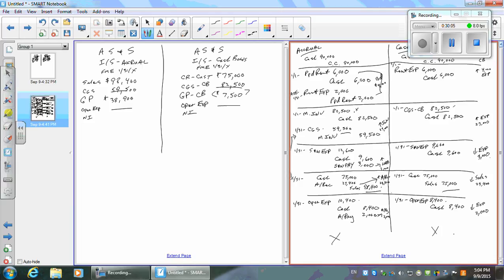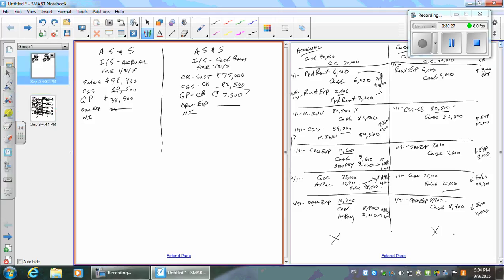What are the expenses under accrual? Rent is $2,000, right? What else we got? Salary and wages at 12.6, what are we, 14.6? And operating expenses at 10.4, what are we up to? Is that 25? Did we get the answer the author got this time?